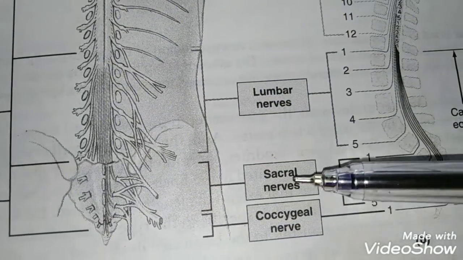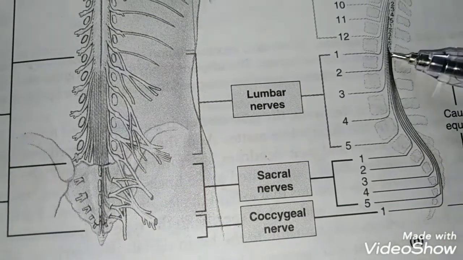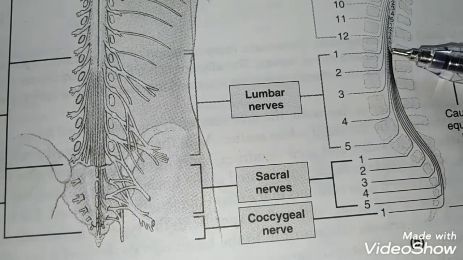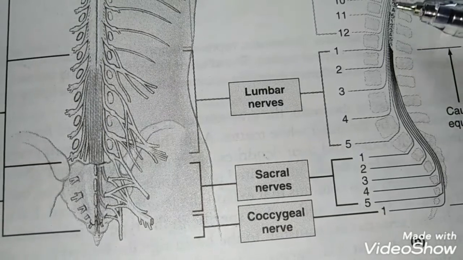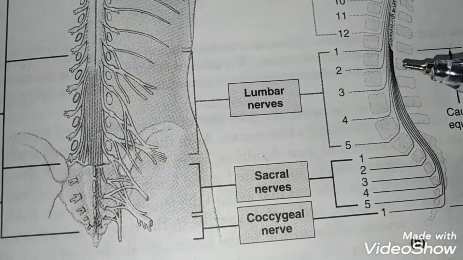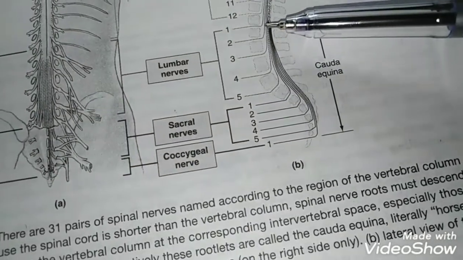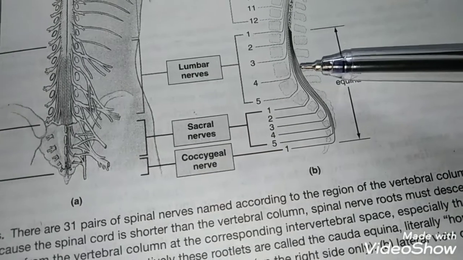Let us have more explanation from a diagram. This is the lumbar region, L1 or L2, the spinal cord, and at this point the spinal cord ends, while the vertebral column continues. From this region, the nerves, as you can see, are elongated and take the shape of a horsetail.